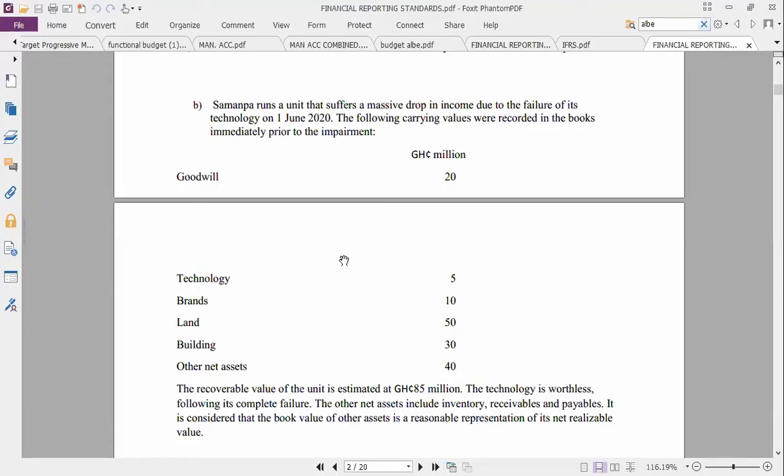Samantha runs a unit that suffers massive drop in income due to failure of its technology. So changes in technology can affect your business. Look at how digital banking, online banking is moving.